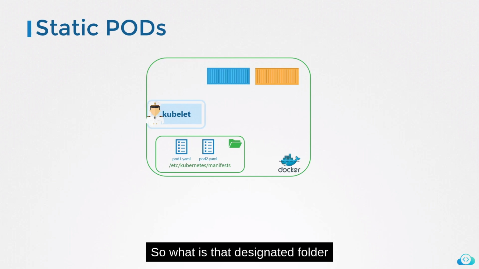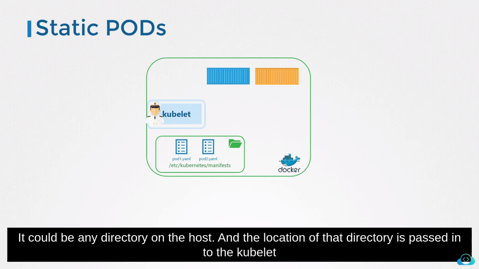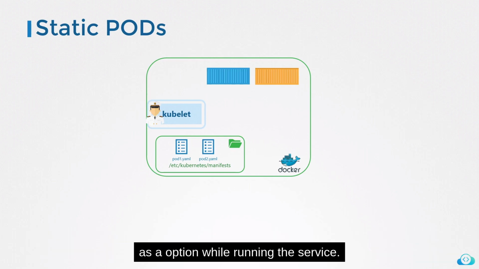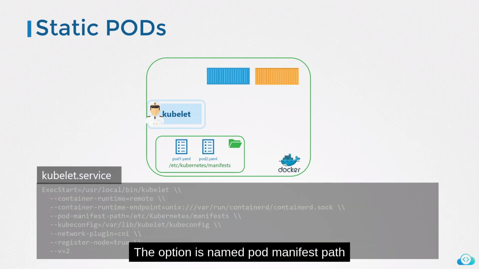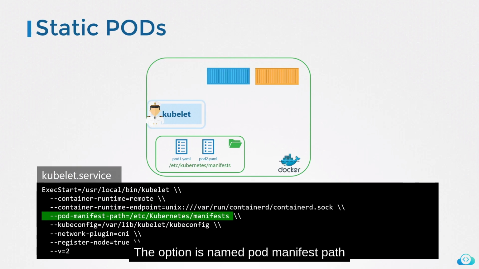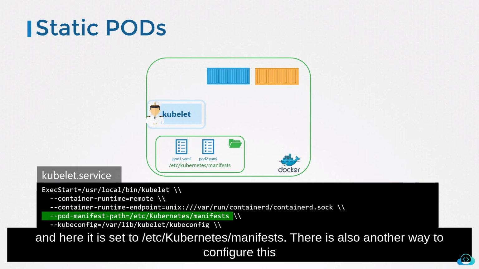So what is that designated folder and how do you configure it? It could be any directory on the host, and the location of that directory is passed in to the kubelet as an option while running the service. The option is named pod-manifest-path, and here it is set to the /etc/kubernetes/manifests folder.